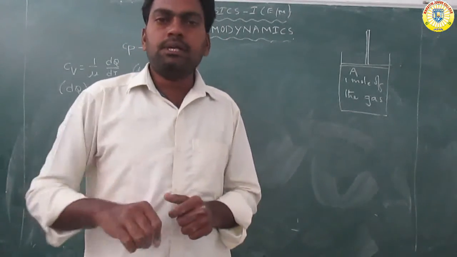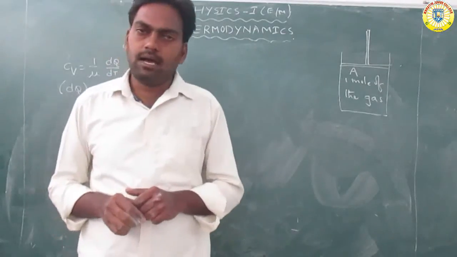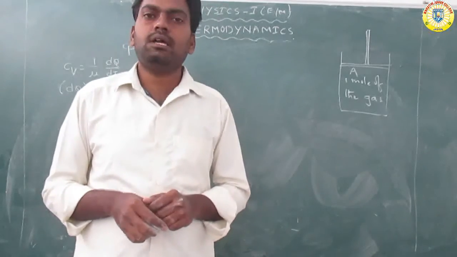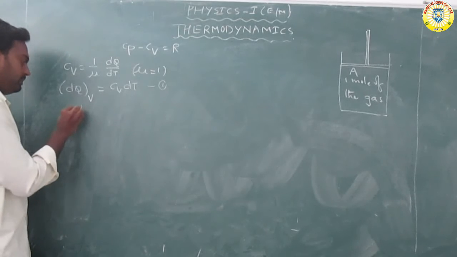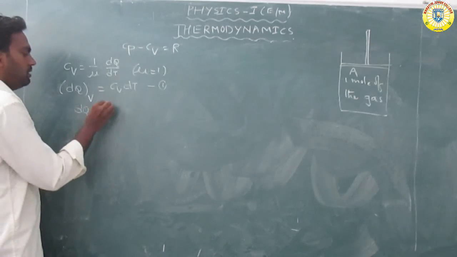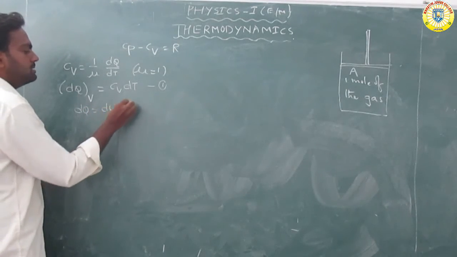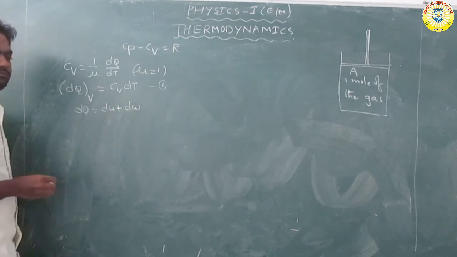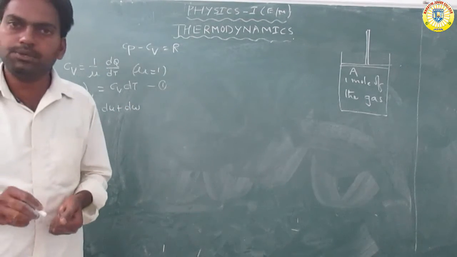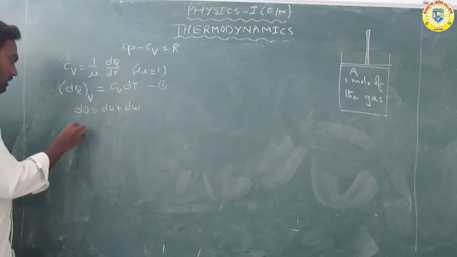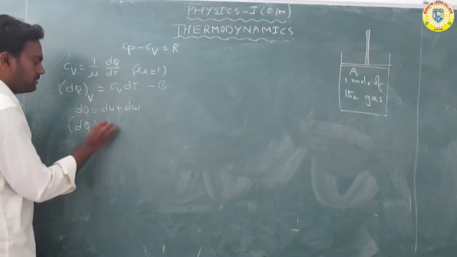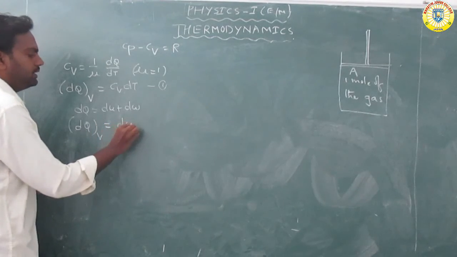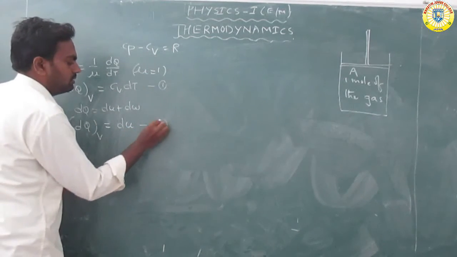According to the first law of thermodynamics, dq is equal to du plus dw. But at constant volume, dq is only du. This is equation 2.